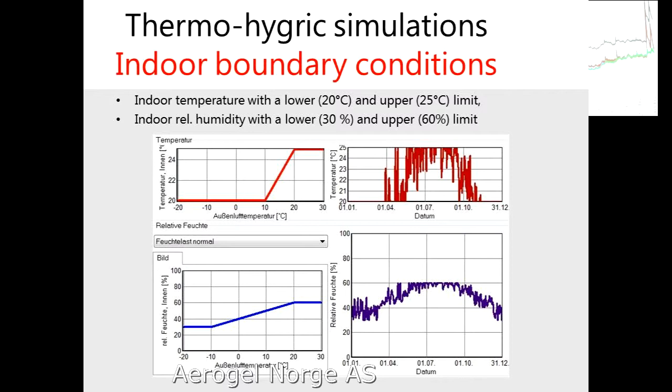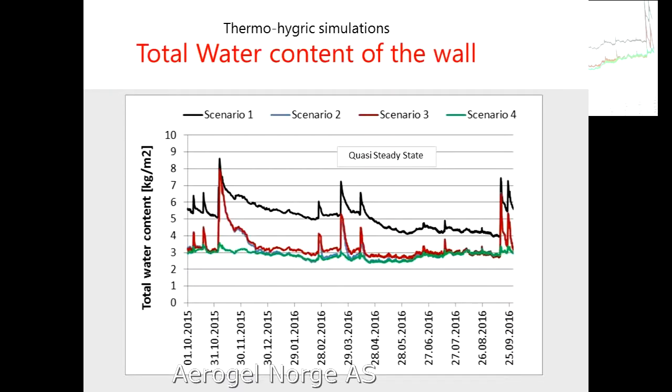So, what we are looking at here is the total water content of the wall. You see here a calculation period of the last year, 1st of October 2015 to 1st of October 2016. We have just taken out the last year.